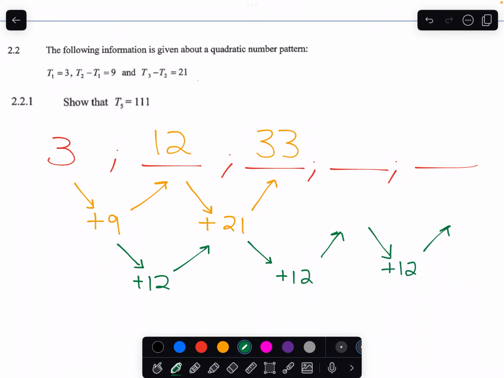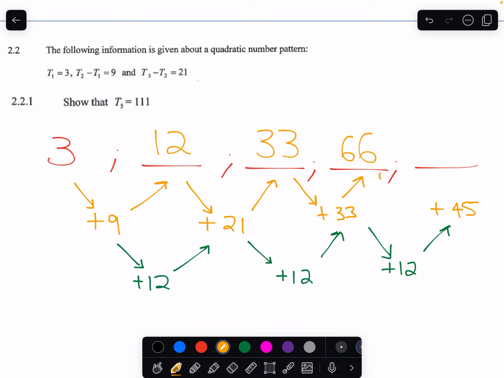The next first difference is going to be 21 plus 12, which is 33. And then the next first difference is going to be 33 plus 12, which is 45. So to go from this term to the next term, we're adding 33, so that's going to be 66.